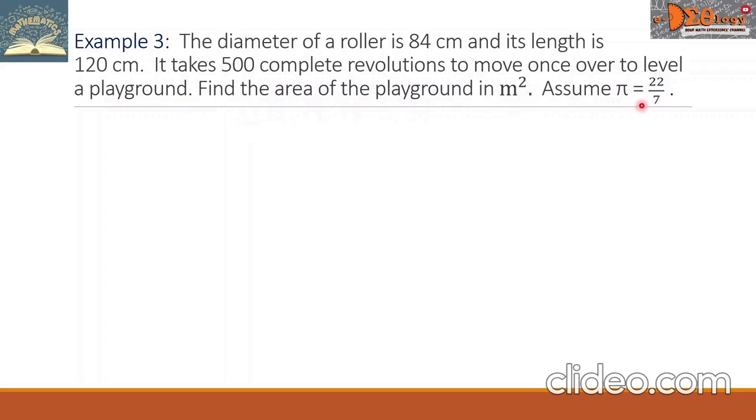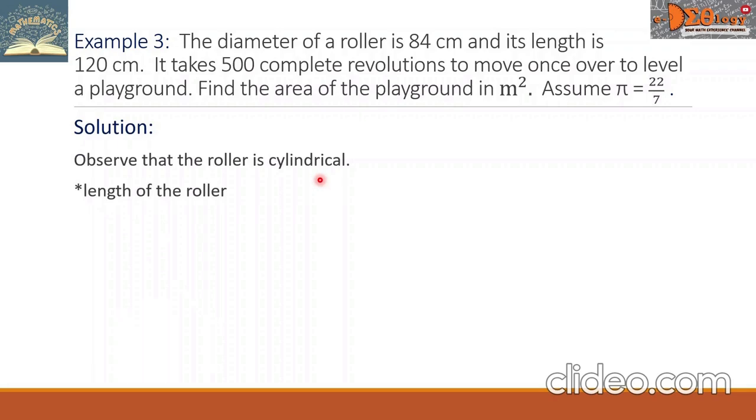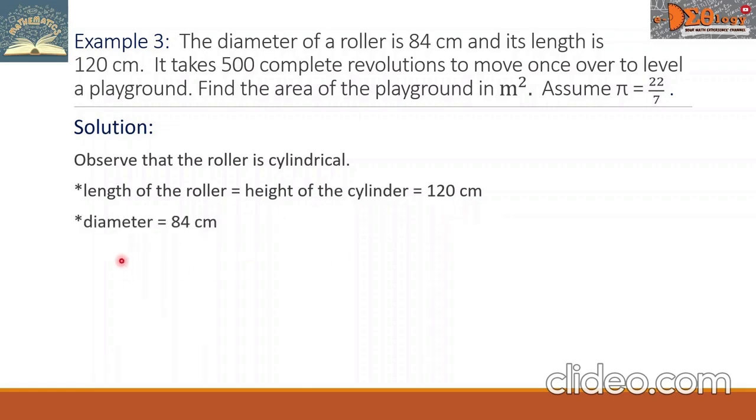Assume that pi equals 22 over 7. Observe that the roller is cylindrical. Given in the problem is the length of the roller that is equal to the height of the cylinder, and the value is 120 centimeters. Also, diameter equals 84 centimeters.